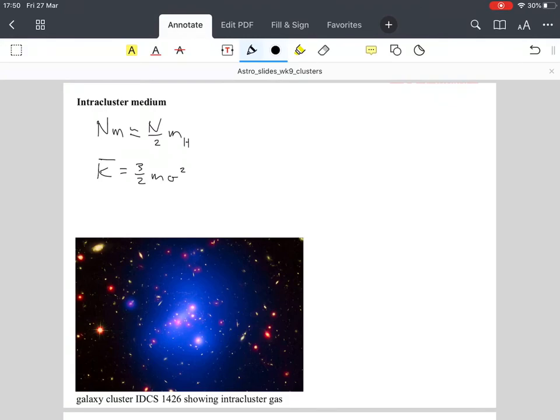Here, however, the gas particles also have a very similar velocity to the galaxies themselves. And this is some type of equilibrium, where on average these gas particles, if they're colliding with the galaxies or with each other, over these distances, the random motion will give you the same sigma squared as it would for the galaxies that you can measure easily.